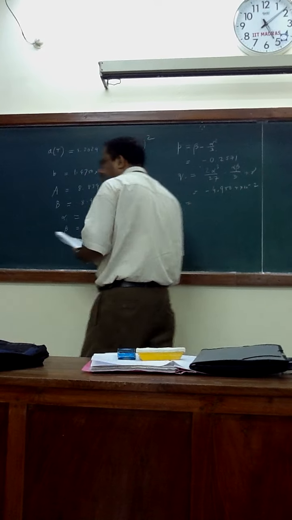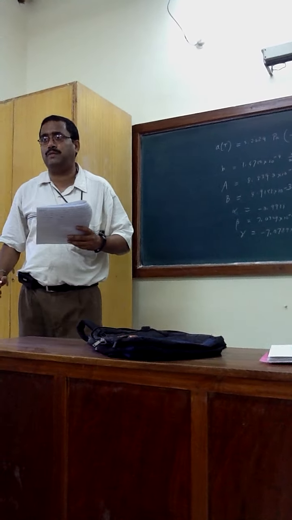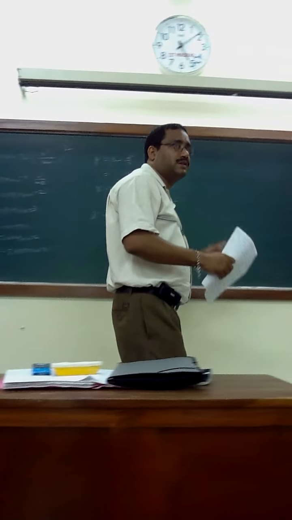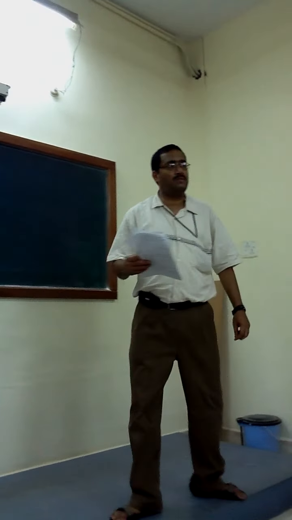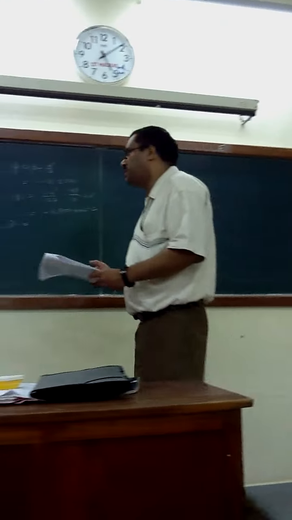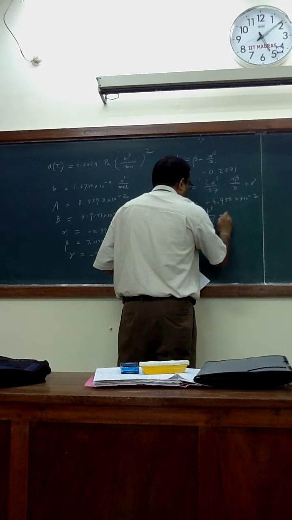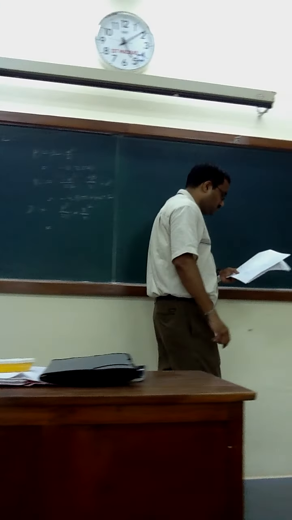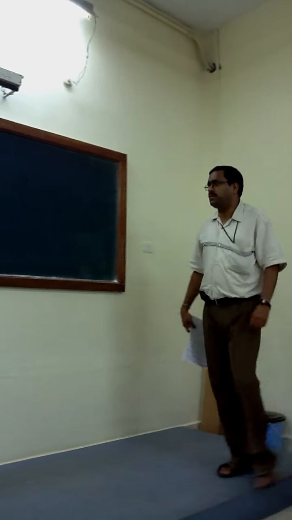Then comes D. This is P cube by 27 plus Q square by 4, right? Based on the formula. Is the formula handy? P cube by 27 plus Q square by 4.